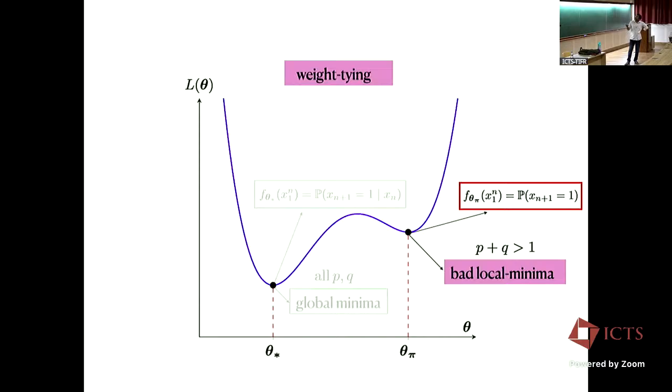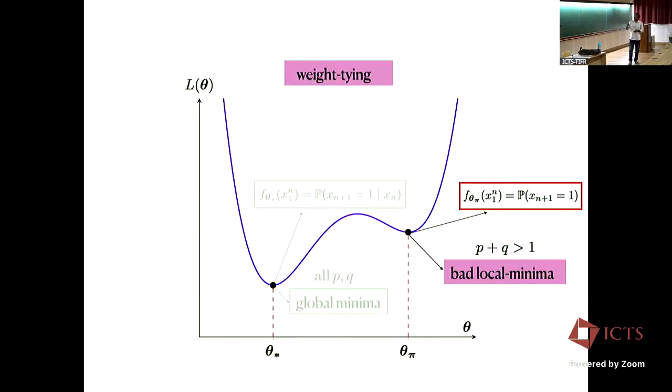But the left-hand side, in principle, is a function of the entire sequence, and it's predicting something constant. That means it is just ignoring the full sequence. At every position, it's just outputting some constant probability, which is the marginal probability. And it turns out that this is a bad local minima. I'll get into the precise statement in just a few minutes.